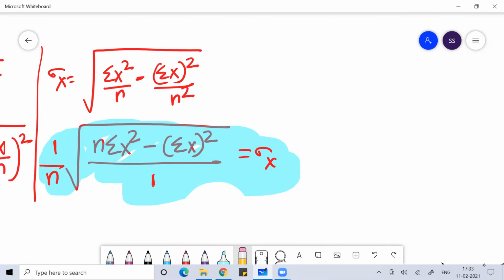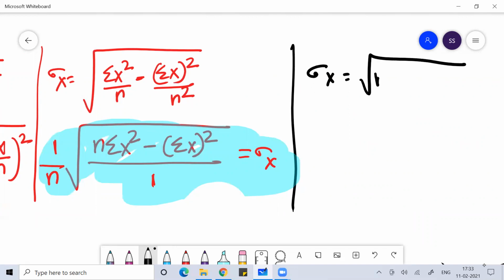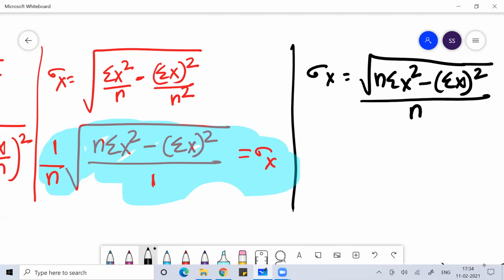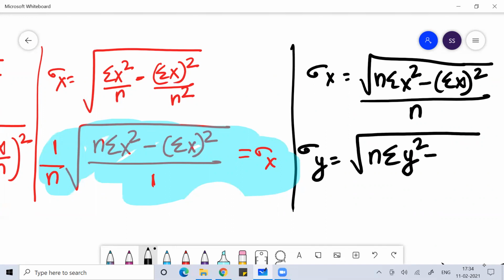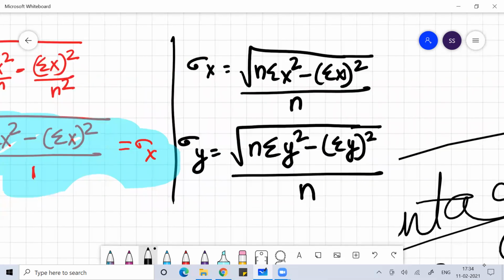So here I wrote the standard deviation of x is equal to square root of n summation of x square minus summation of x whole square, divided by n. Similarly, I can write standard deviation of y is equal to under root of n sum of y square minus sum of y whole square, divided by n. This is standard deviation of y.